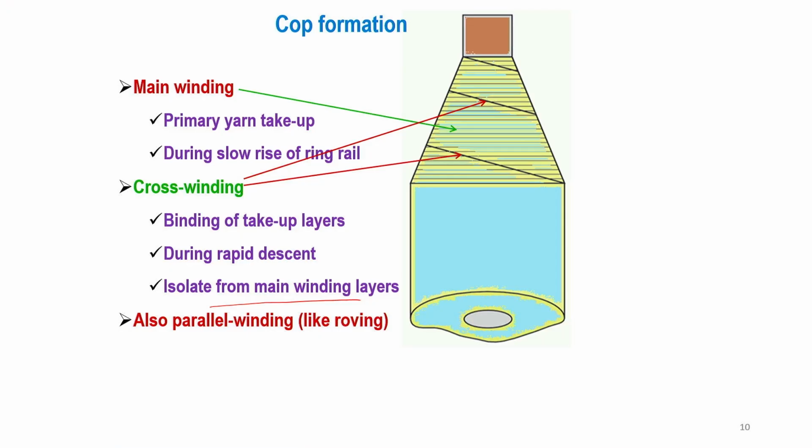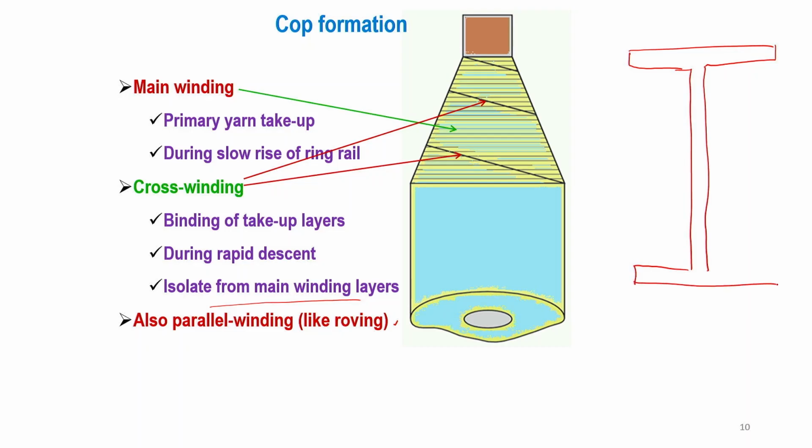Also, parallel winding sometimes takes place. That is not for short staple spinning, but for jute or flax spinning, where we need different types of yarn package or roving package. This type has a flange, and this is the winding.